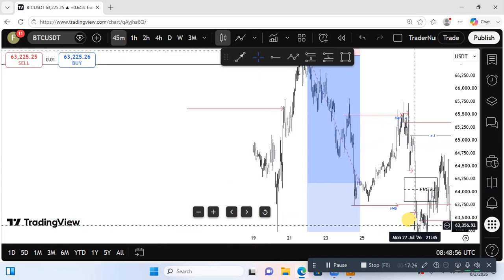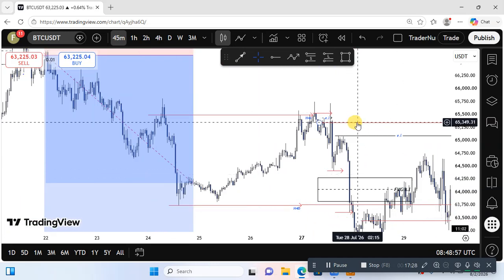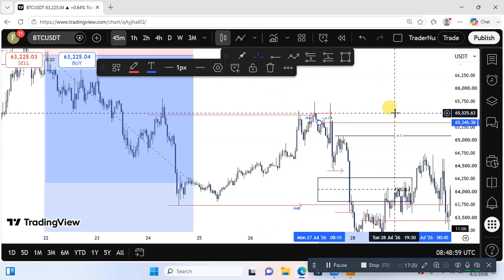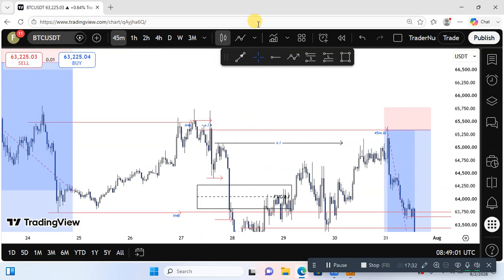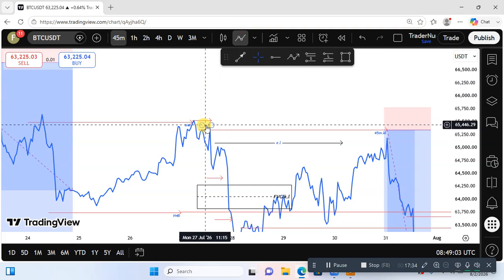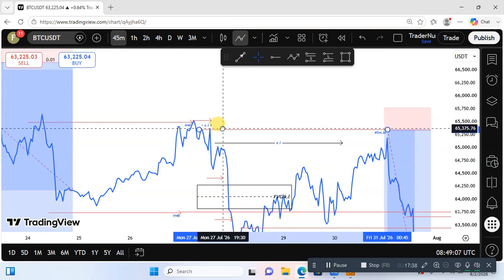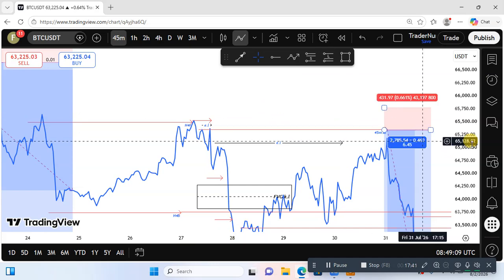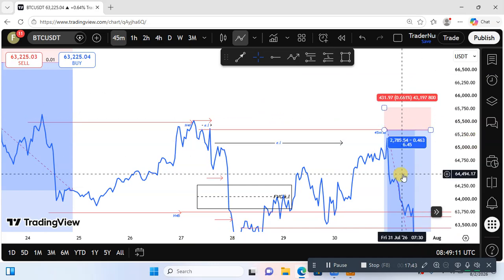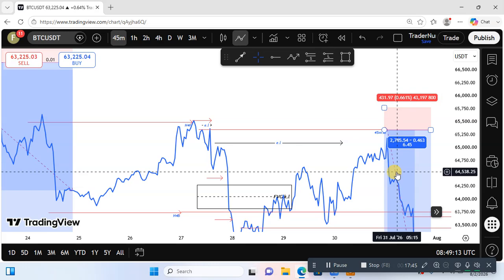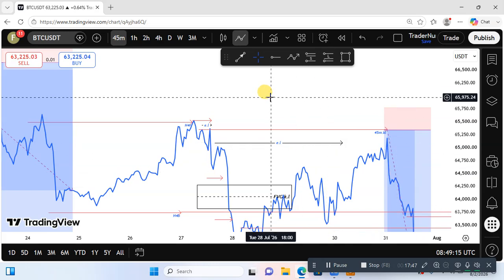Then I knew that price is going to come back here to tap on that 45 minutes key level. If we change it to the line chart, we see that here is the 45 minutes key level where we expected price to come and tap. You understand? Then we get our continuation to the downside, right? So that's how we got that.